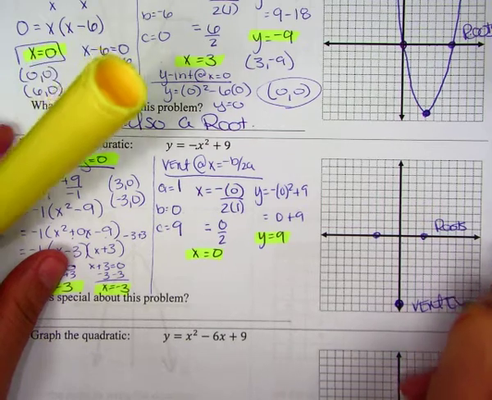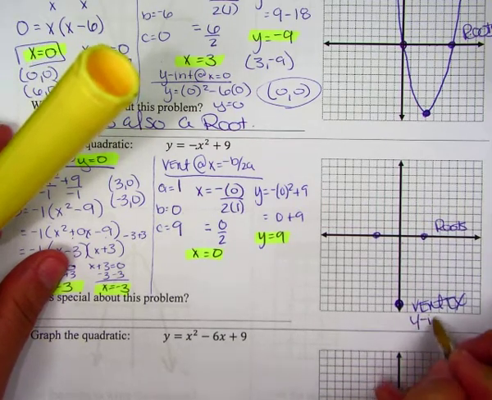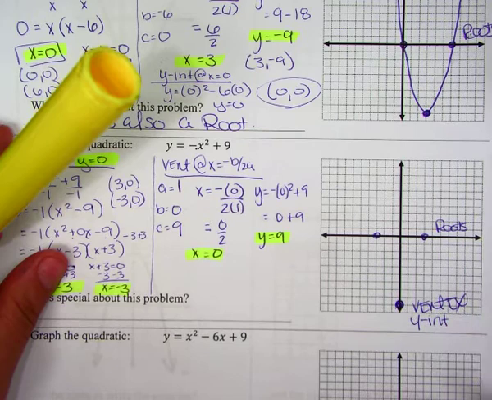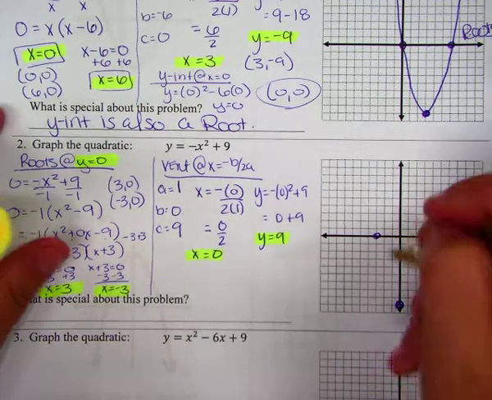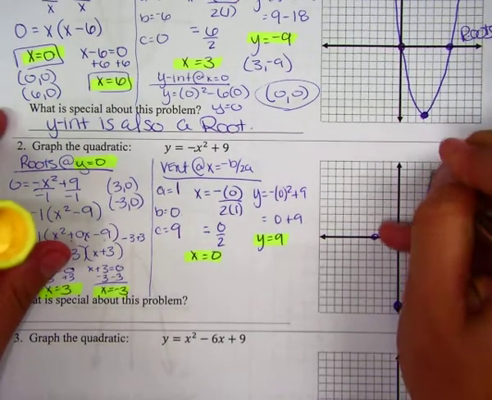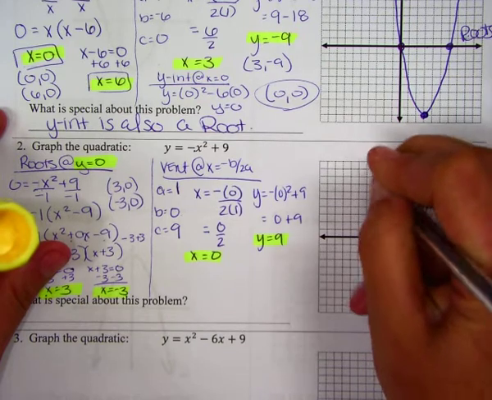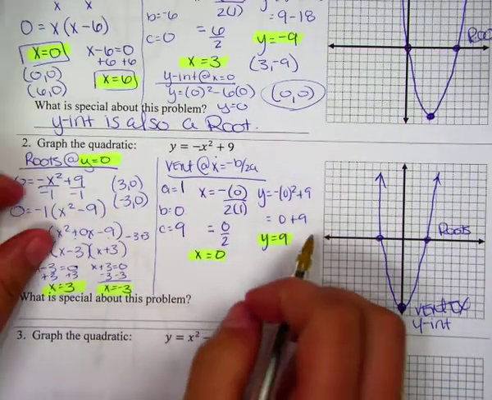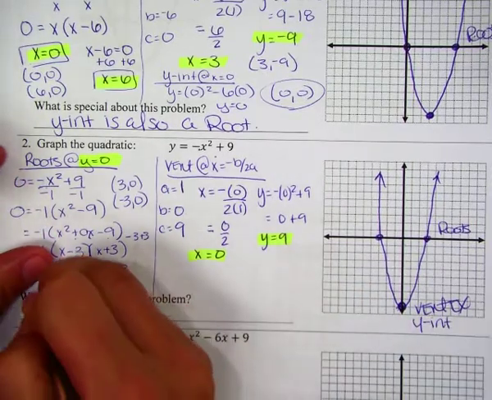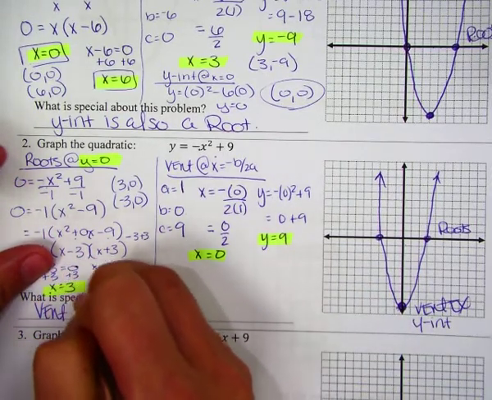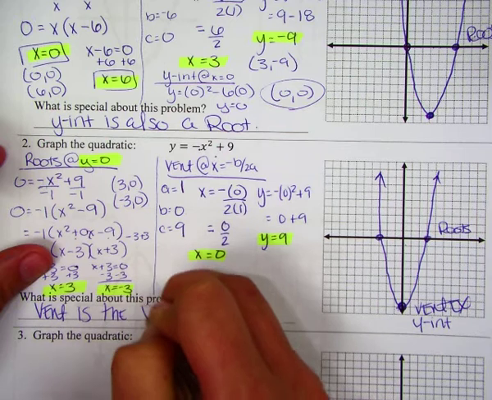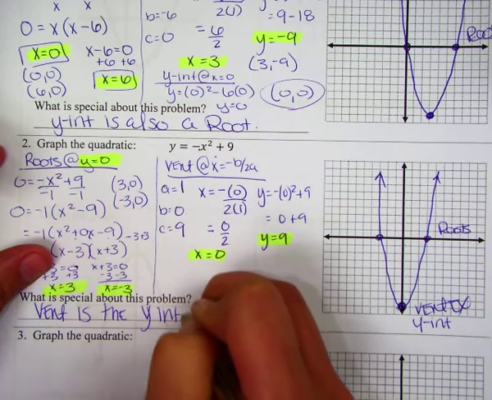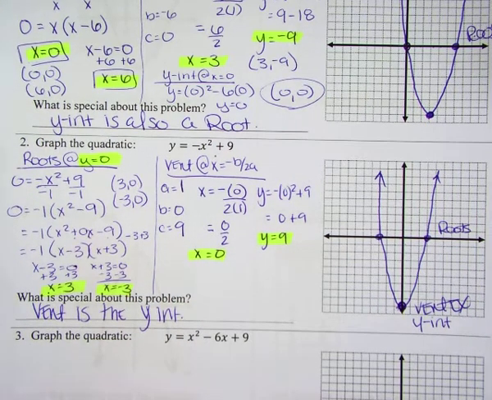And you know what? This is also the y-intercept because it intercepts the y-axis right there. So what is special about this problem? Well, besides the fact that we had to know that there was a plus 0x here, we also realized that the vertex is the y-intercept. Okay.